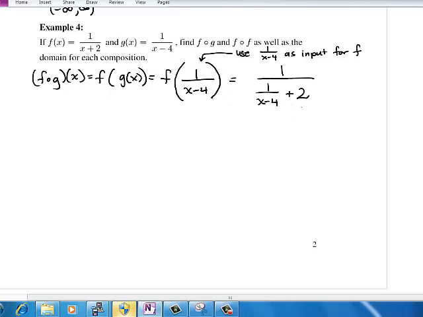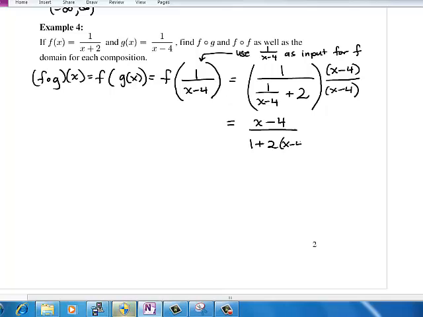And then we want to clear up that complex fraction. So multiply everything by the LCD of the denominators of each term. So that would in this case be x minus 4 over x minus 4. And that will clean up to x minus 4 over 1 plus 2 times the quantity x minus 4.